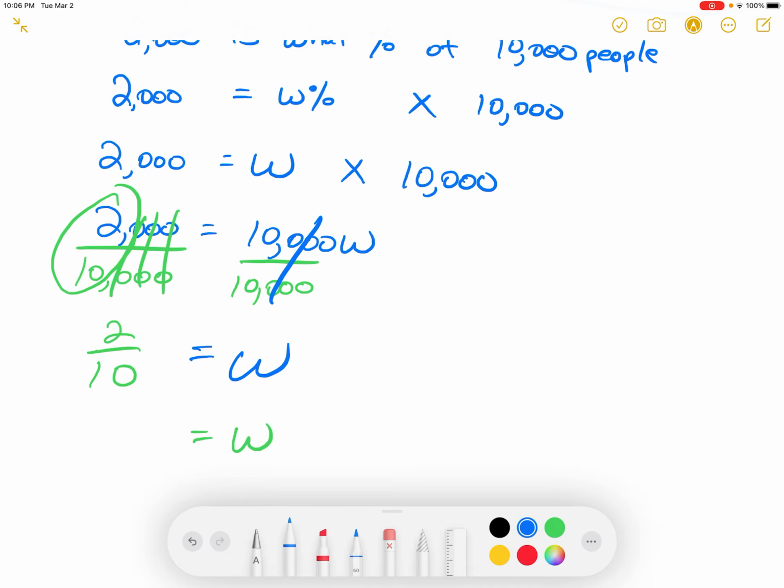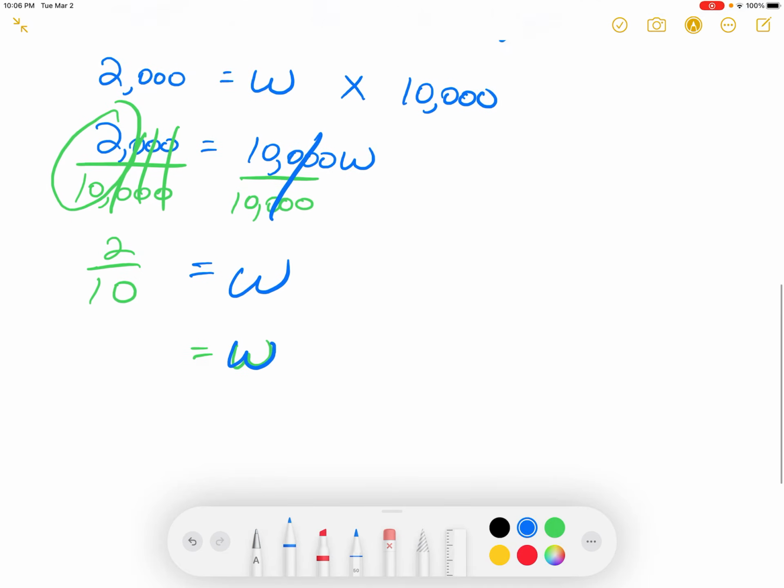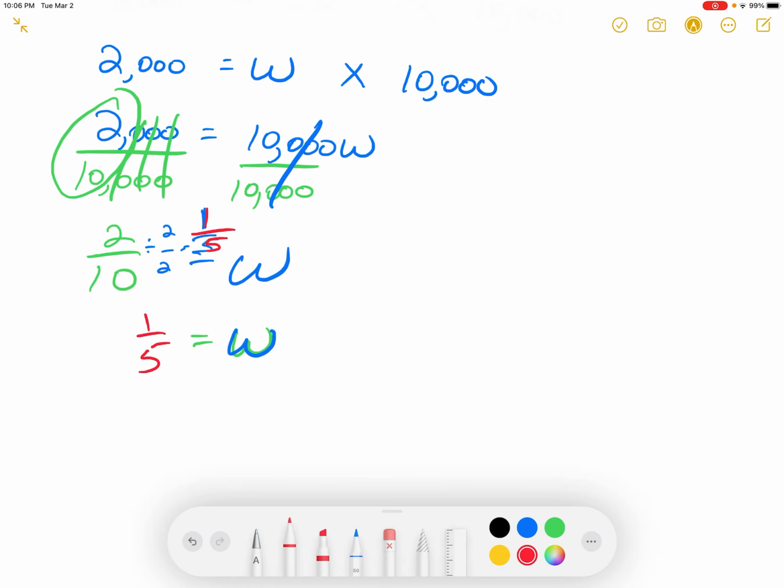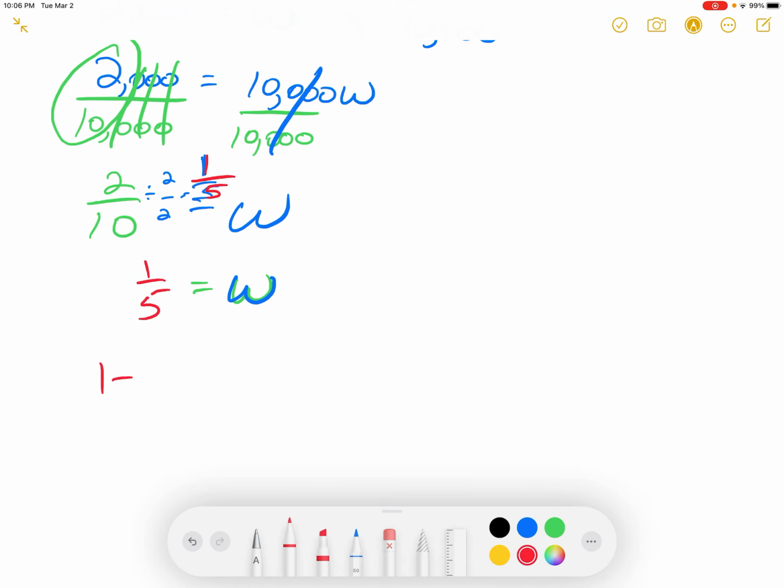So W, 2 divided by 2 is 1, 10 divided by 2 is 5, so 1/5. So 1/5 is W. Now if I use my calculator and I type in 1 divided by 5, my answer should be 0.2 is W.